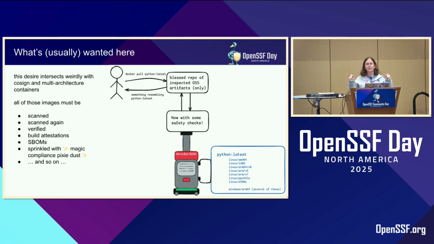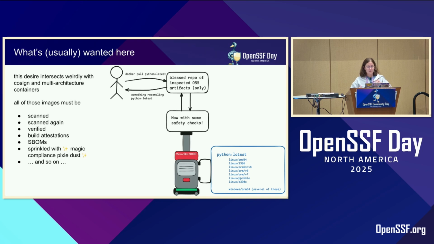We are going to sprinkle magic compliance pixie dust on it, typically by messing with the SSL certificates, and so on. So that the folks that are actually using this software, it's not upstream directly, it's upstream maybe plus some changes with the SSL certs or pointing to an internal package repo, etc.